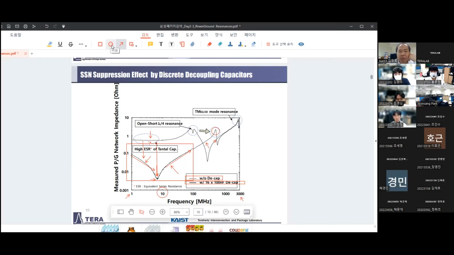Because of that resonance, we are generating huge anti-resonances, probably around 700 megahertz. And we're going to have another resonance at around 3 gigahertz. This is plane resonance of the PCB power and ground planes, and we're going to discuss it sometime next week.